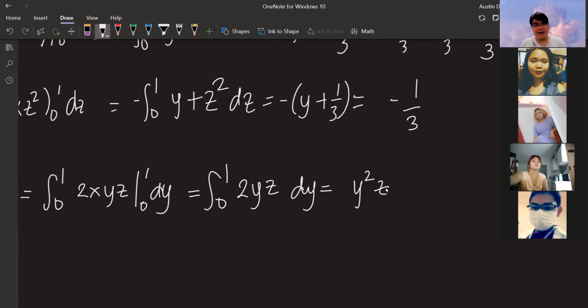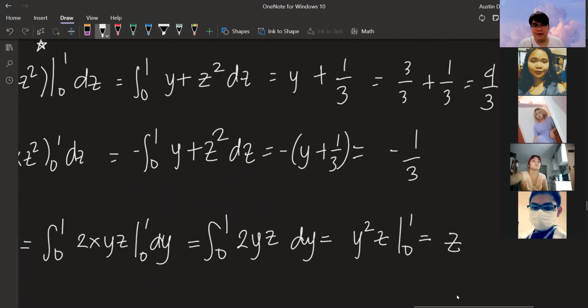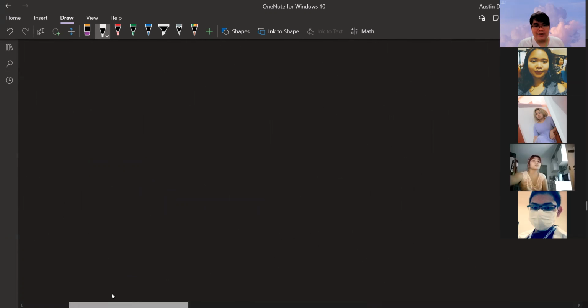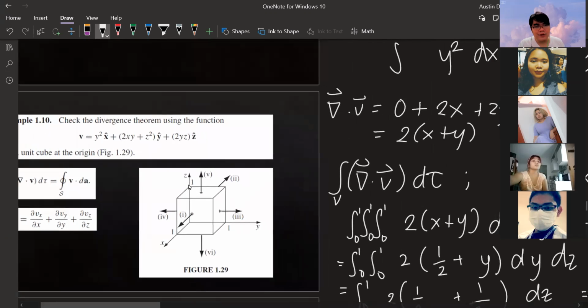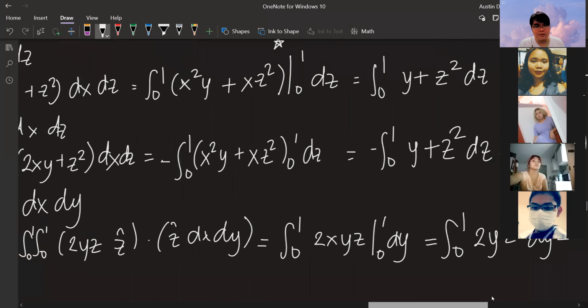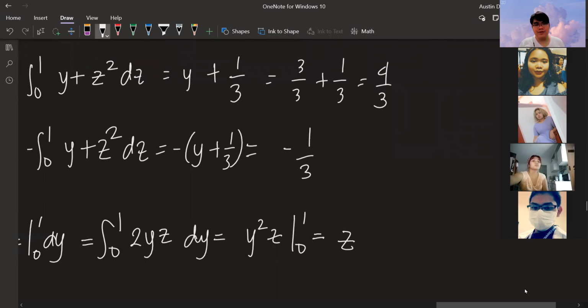And then, I'll evaluate it from 0 to 1. And that gives me z. Okay? So, 1 squared is just 1. Y squared evaluated in 0 is just 0. I'm left with z. And yung value ng z natin will be, sa 5 tayo, so ang value ng z natin is 1. So this is just 1.